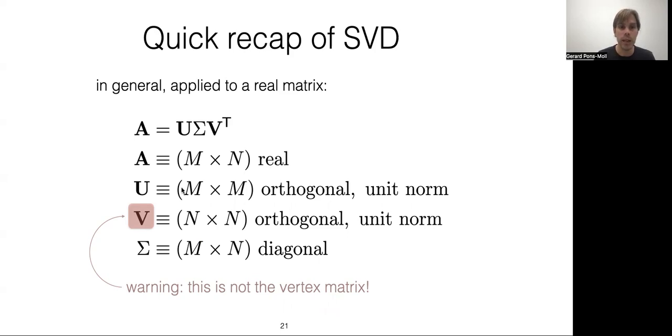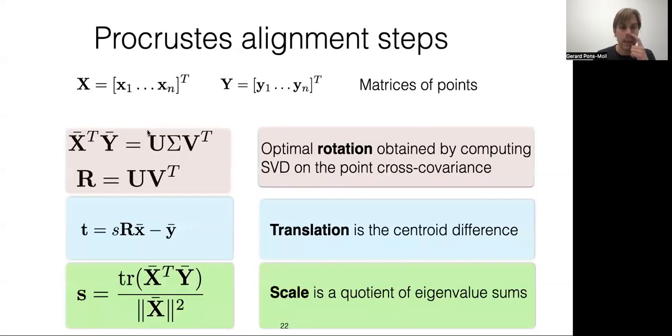And basically, U is an M by M orthogonal matrix, and V is another N by N orthogonal matrix, and sigma is an M by N diagonal matrix, with just diagonal elements. Note that V here is not the vertex matrix, it's just this orthogonal matrix coming from this decomposition of a general matrix A.